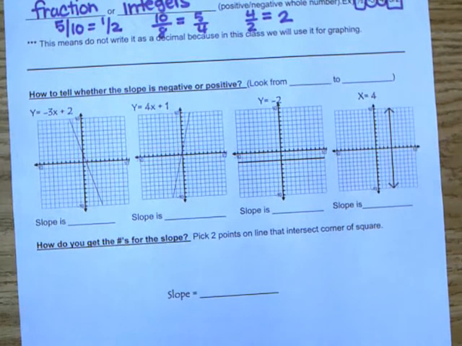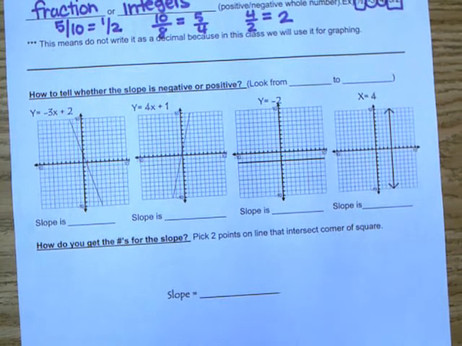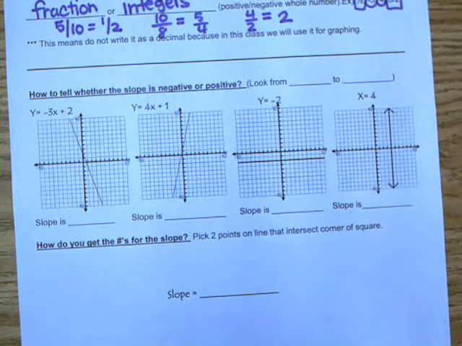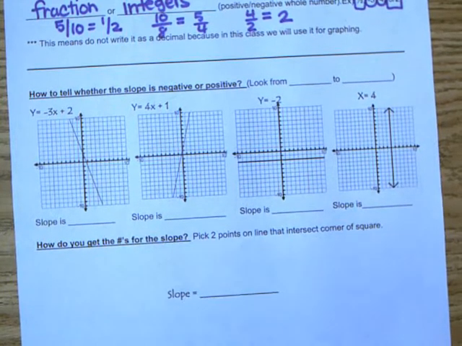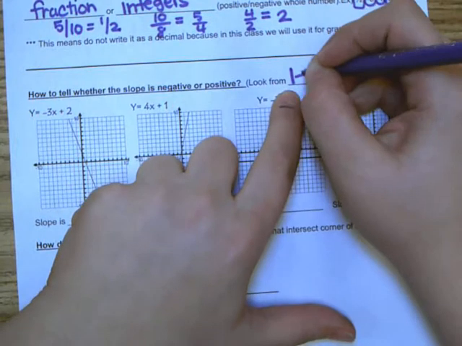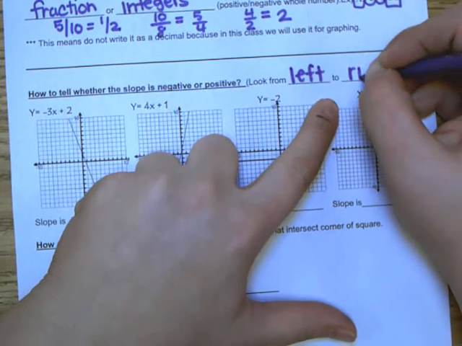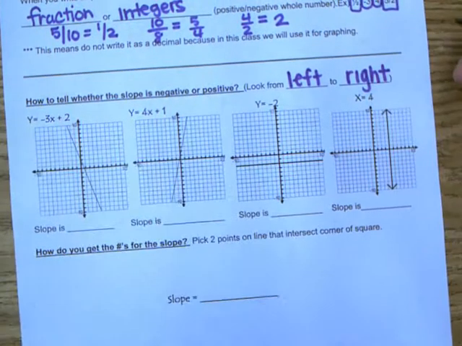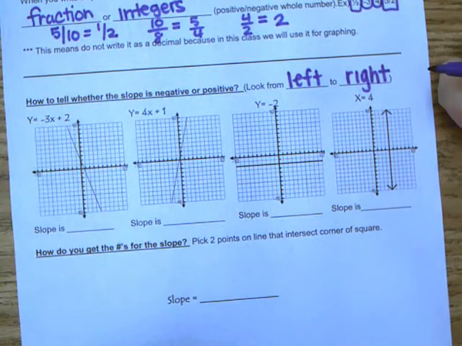Okay, so let's talk about how to tell whether the slope is increasing, it's rising, or it's decreasing, the line falls. So you are going to read a graph from left to right, just like we read a number line when we write interval notation.